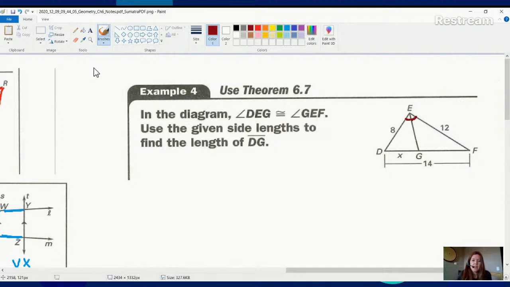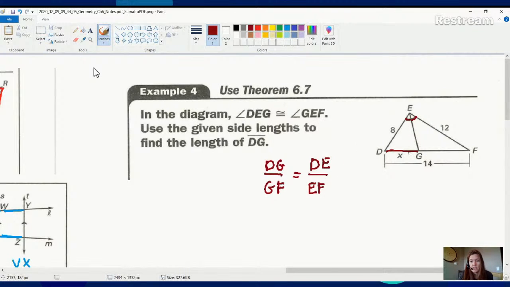Okay, so we've got some things labeled on here. We know the total length of DF is 14. The length from D to G is X, which we're trying to find, and we've got these side lengths over here. So if we were going to use the theorem as it's stated, we would know then that DG over GF equals DE over EF.